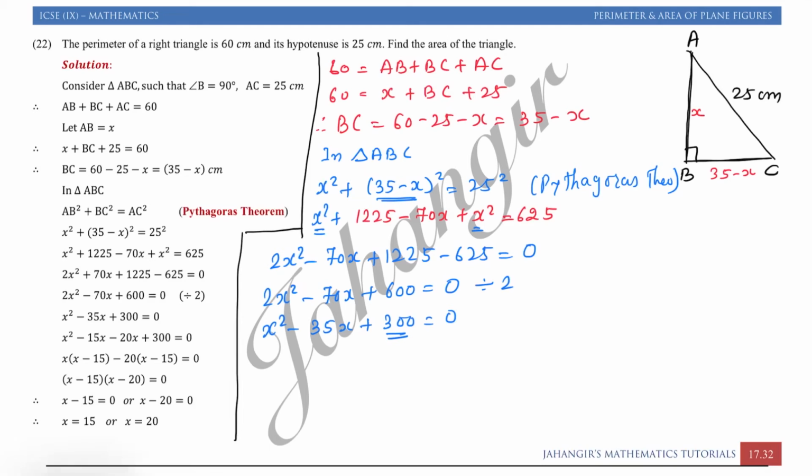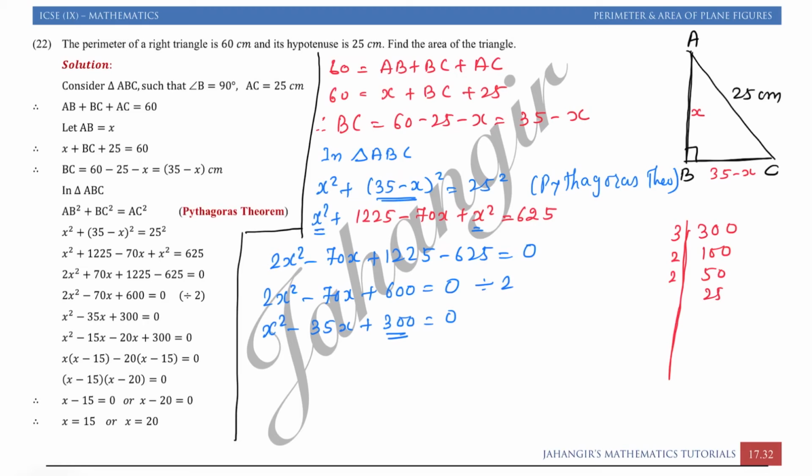Now we have to find the factors. This is the middle term splitting part. You have done it in factorization, middle term splitting. You have to find the factors of 300 such that their sum or difference should become 35.